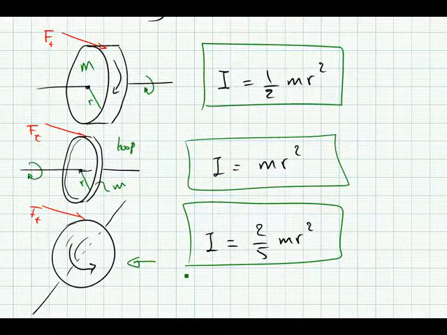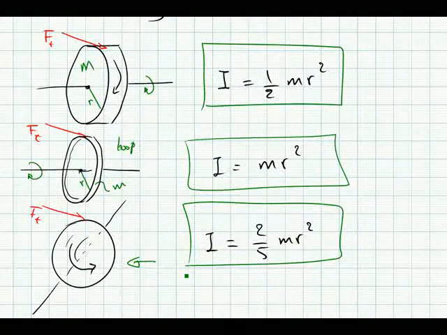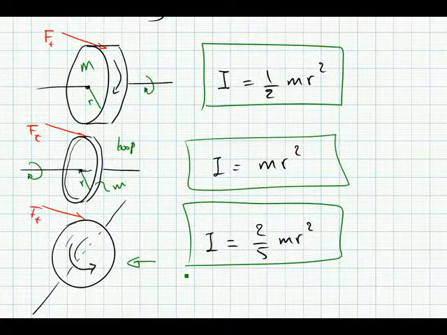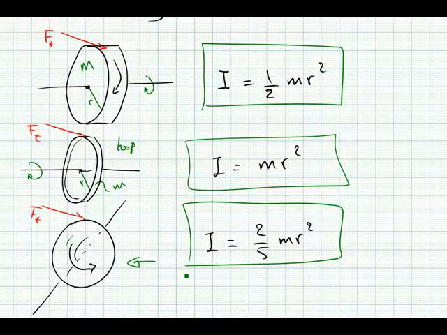In the text, the moments of inertia for different objects through different rotation axes are listed. You do not need to memorize these expressions. If you can, that's fine, but you don't have to.